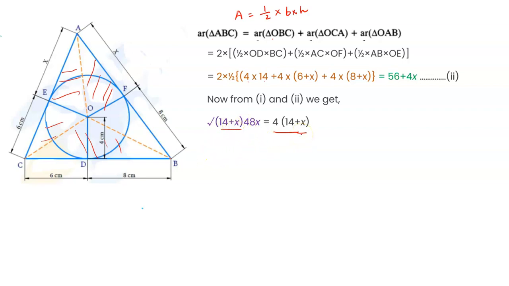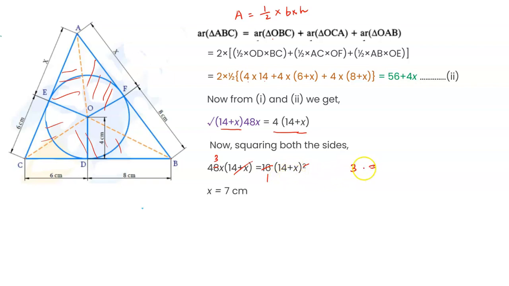The next step, I'm squaring both sides. On squaring both sides, the square root goes away. 48x is into 14 plus x, and the brackets go. If you solve this, very easy, 16 is a factor of 48, 16 three times. So you get 3x is equal to 40 plus x.